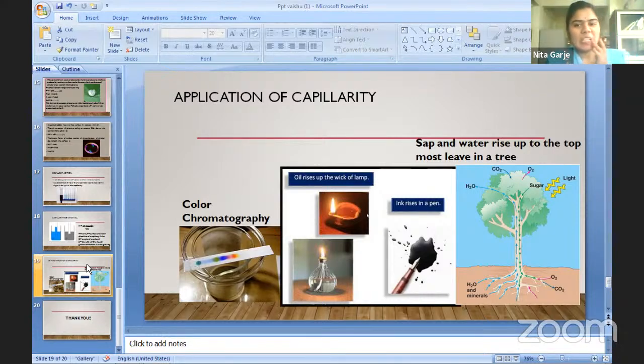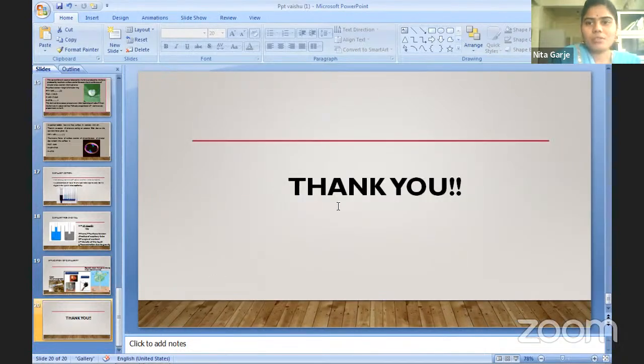These are day-to-day life applications of capillarity, and the most important one, water rising to the topmost leaf in a tree because of capillary action. And thank you so much.